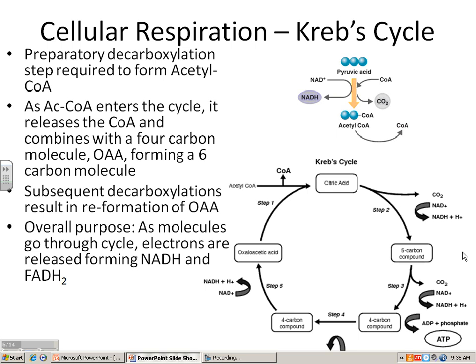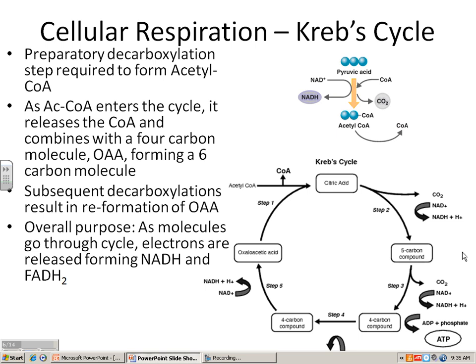Electrons. Why do we need to get electrons? What is the next step we're going to go into? Electron transport chain. So the purpose of the Krebs cycle is to get our electrons out of our molecules so our electrons can go into the electron transport chain. Make sense? Okay. Good. That's the goal.